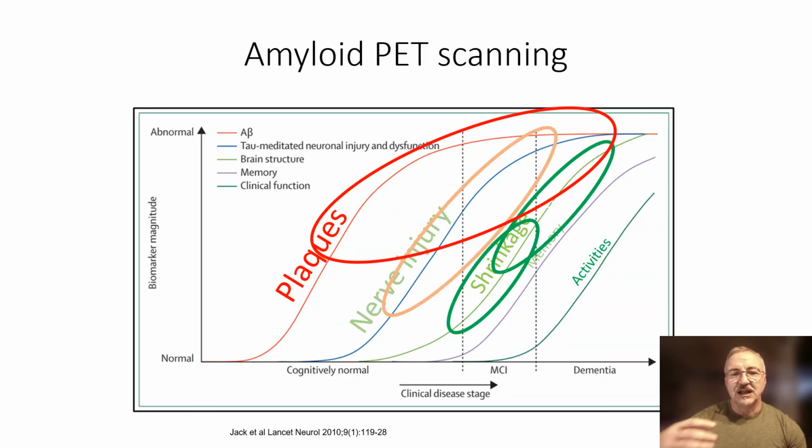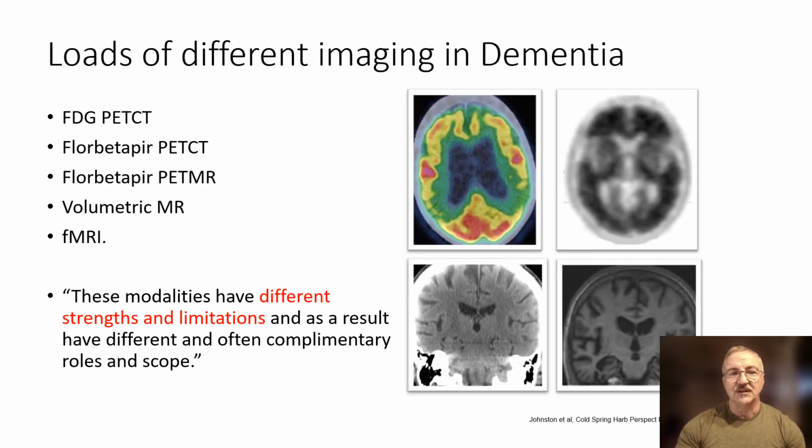So really, I think plaque imaging, the amyloid imaging, has utility across the whole spectrum. And if we can convince people that the diagnosis of this fatal brain disease is important, then maybe we can get funding approved for amyloid imaging. So we have lots of different imaging available in dementia.